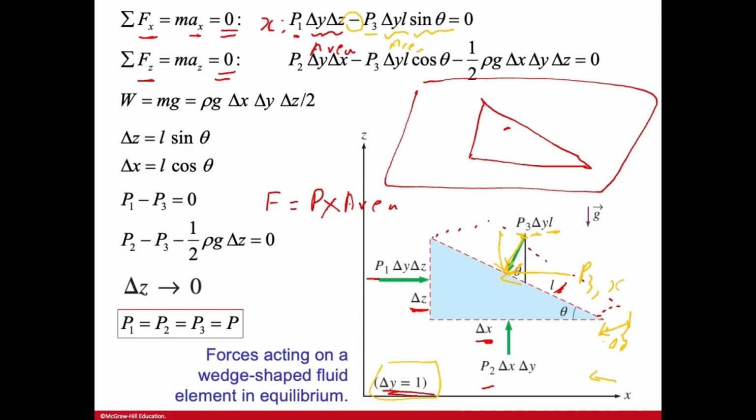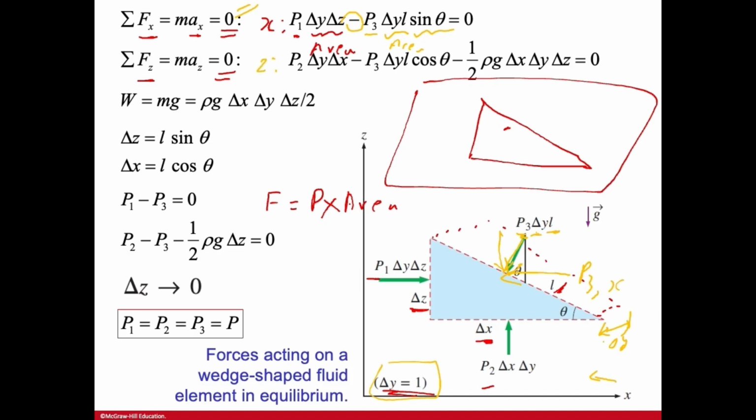And this net force should be equal to 0, that is coming from Newton's law, right? So essentially a force balance, because it's not moving at all. It's stationary fluid, right?